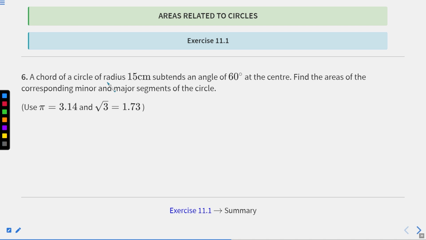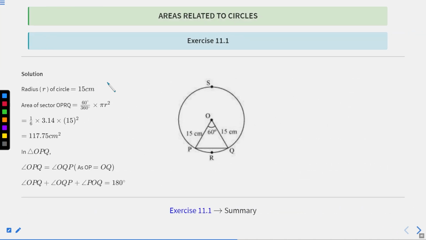So now let us find. Here radius R of the circle is equal to 15 centimeter with center O. The area of sector OPRQ is equal to 60 degree by 360 degree into pi r square, and this is equal to 1 by 6 times 3.14 times 15 square, that is equal to 117.75 centimeter square.